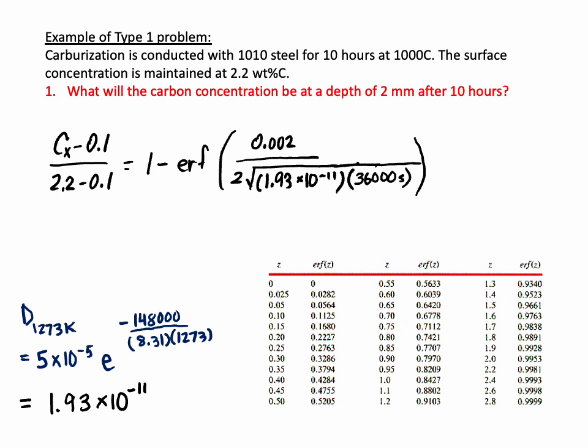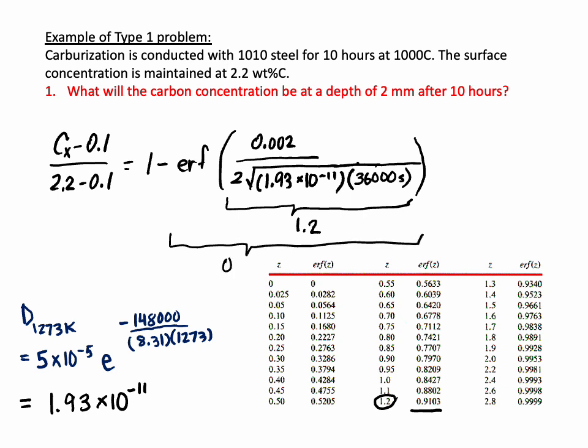So this whole quantity inside here is a value of 1.2. And so if I use my error function table, if z, that's what's inside this parentheses, is 1.2, then error function z is 0.9103. So this value would be 0.9103.